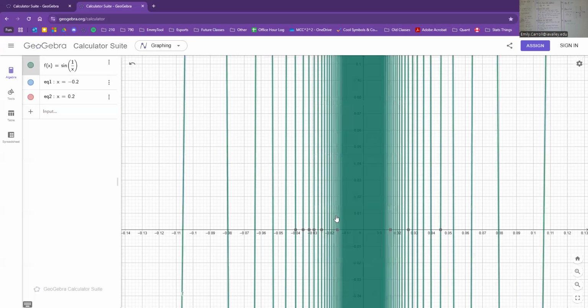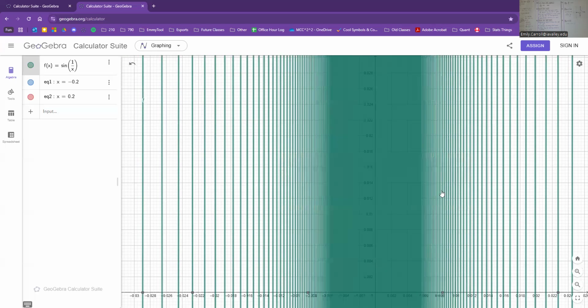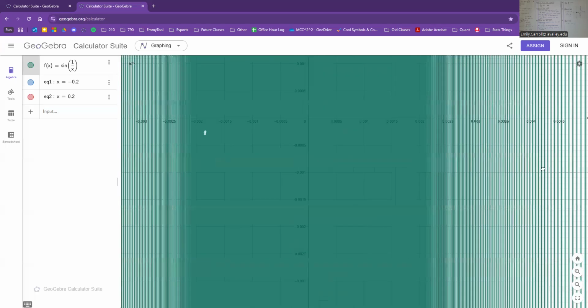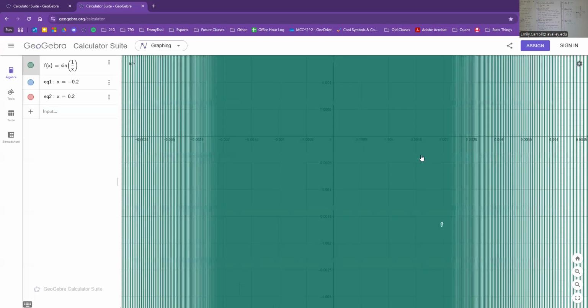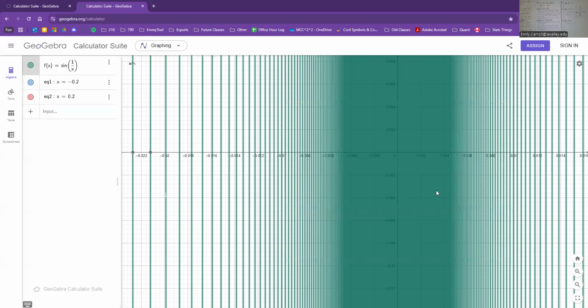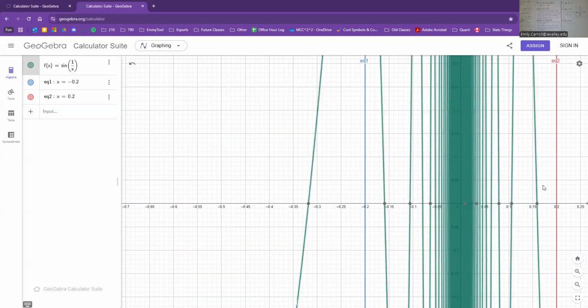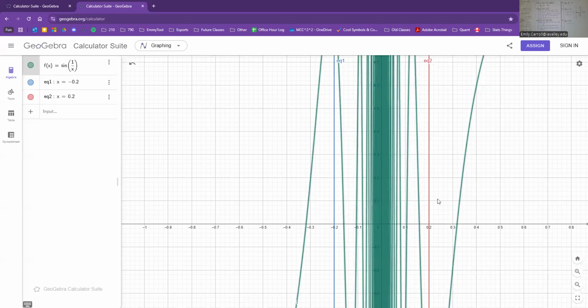Look at that. It colors it all in green because those points are getting so close that they're on top of each other. Isn't that nuts? So as x is approaching 0 here, you are evaluating sine at huge numbers.